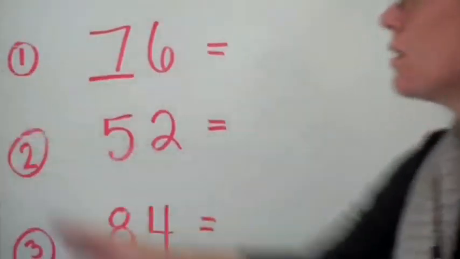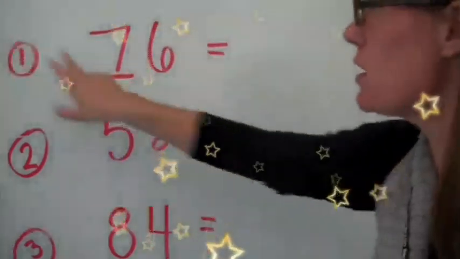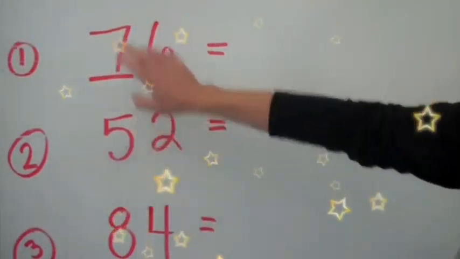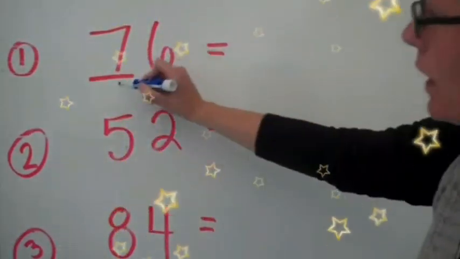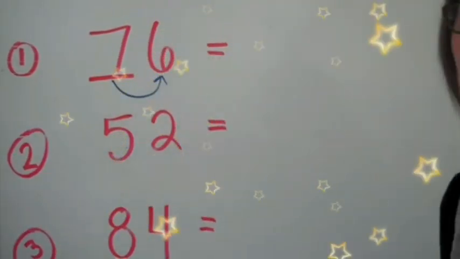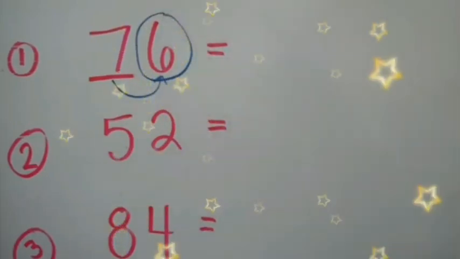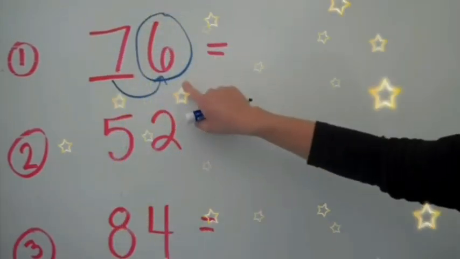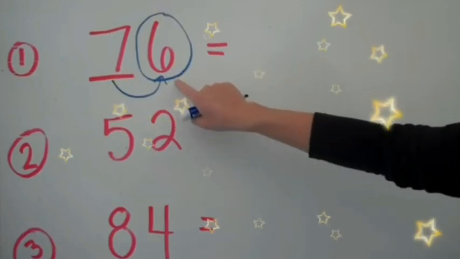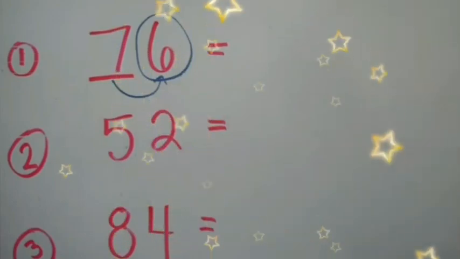Let's practice. First, I know I'm rounding to the nearest 10, so I'm going to look at the tens place, and I'm going to go one column over to the ones. I'm going to circle my ones, and I'm going to decide, is that number weak or strong? I know that the 6 is strong, which means that it has lots of power.